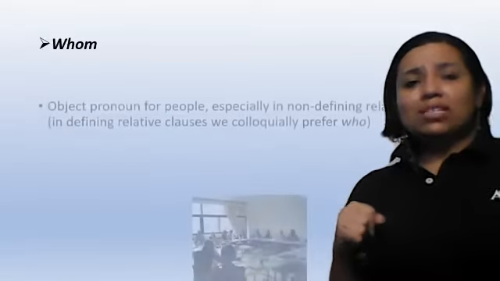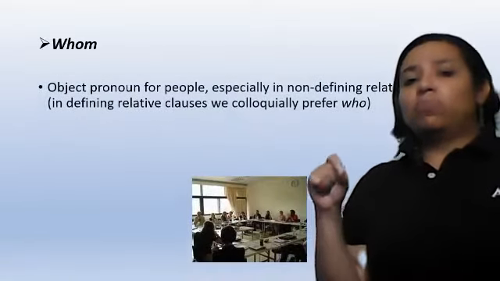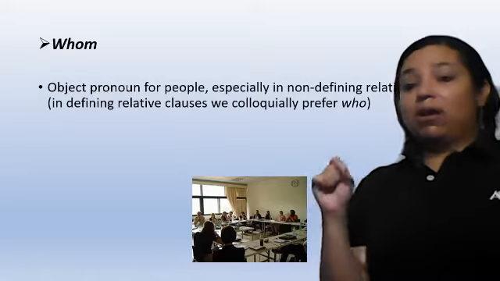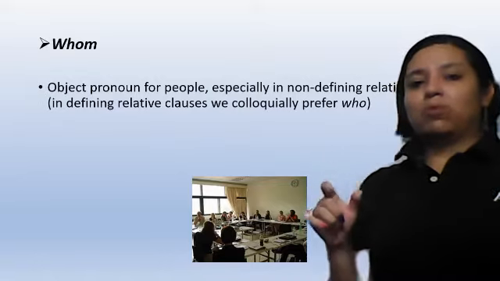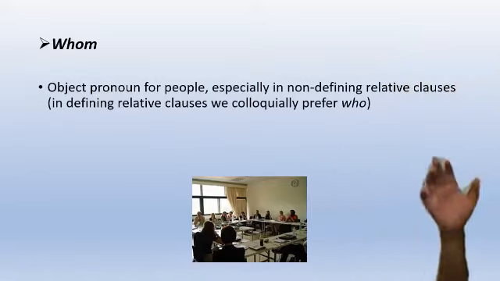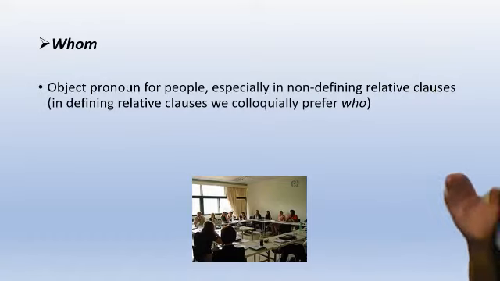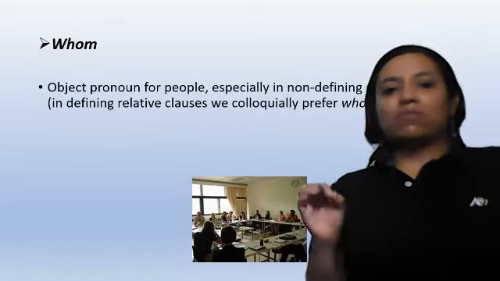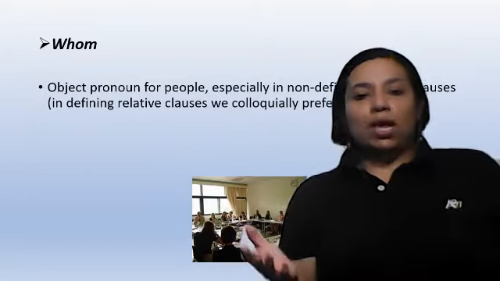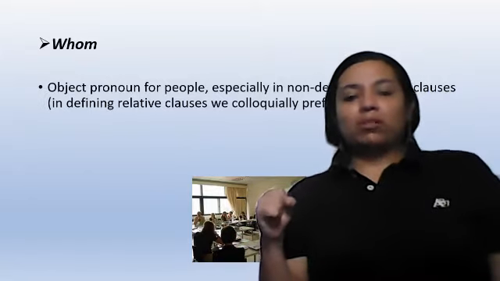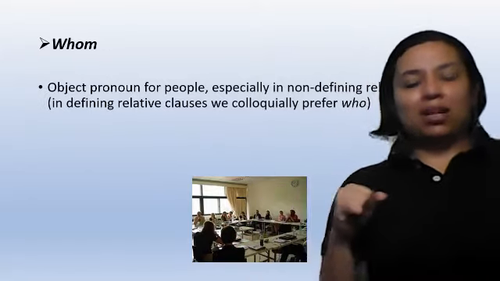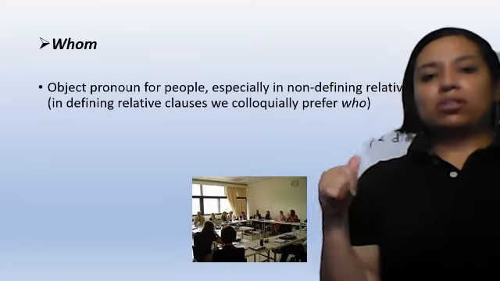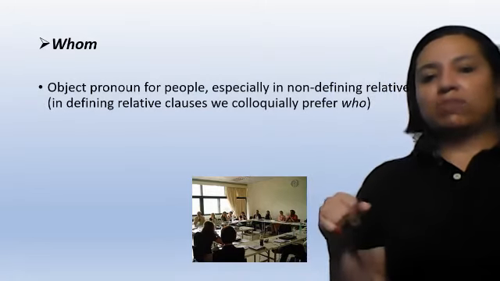The fourth one, whom. This one is also for people, only an object pronoun for people, but especially in non-defining relative clauses, because in defining relative clauses we prefer who. I'm going to explain the difference between them at the end of the topic, about non-defining and defining relative clauses.